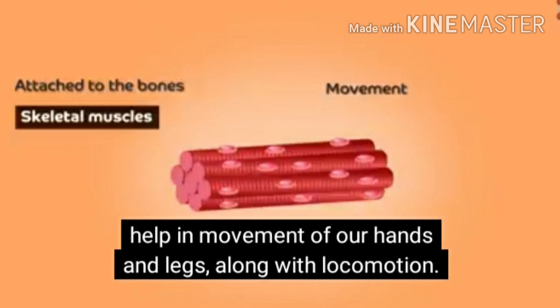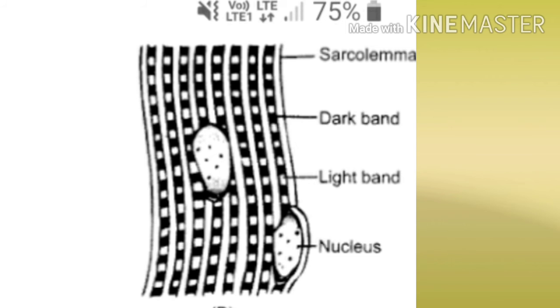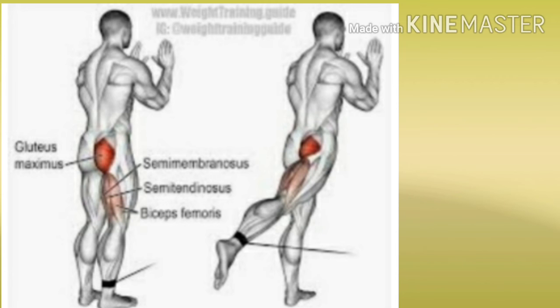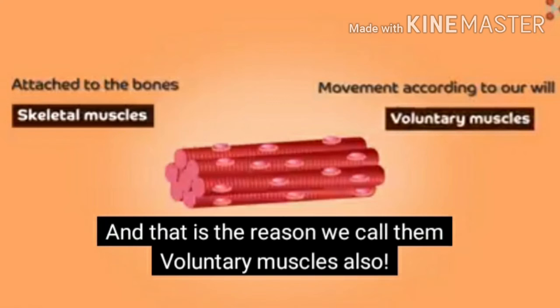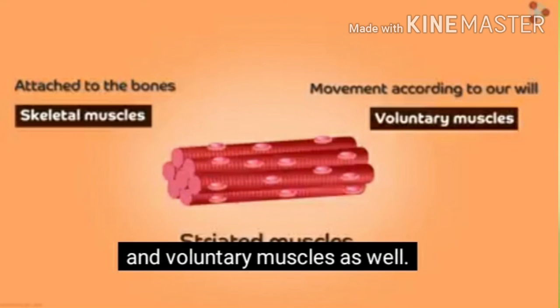Ends are blunt. A number of oval nuclei occur peripherally in each cell below the sarcolemma. They occur in arms, legs, hands, feet, neck, face, body wall, tongue, pharynx, diaphragm, and the upper part of the esophagus and help in their movement as they work according to our will.